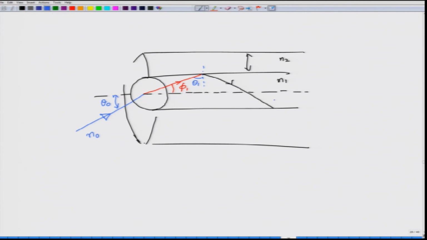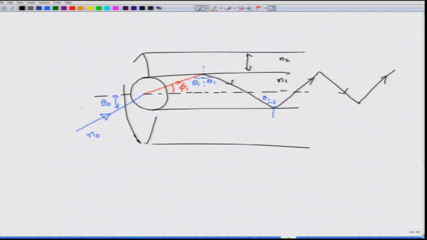There is nothing special about this one, because this angle would also be theta 1, and we have already established that this angle theta 1 is greater than the critical angle for the interface between core and cladding. Therefore, the ray of light further gets totally internally reflected, and after passing through this zigzag path, light is guided from one point, that is at the input of the fiber, to the output of the fiber.